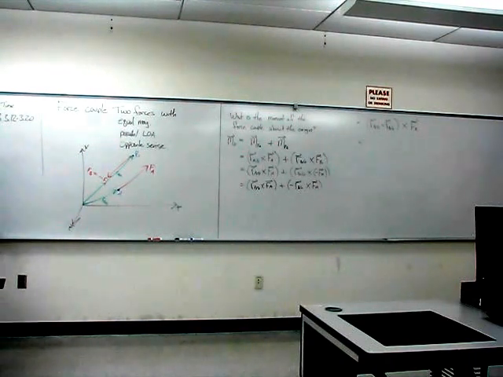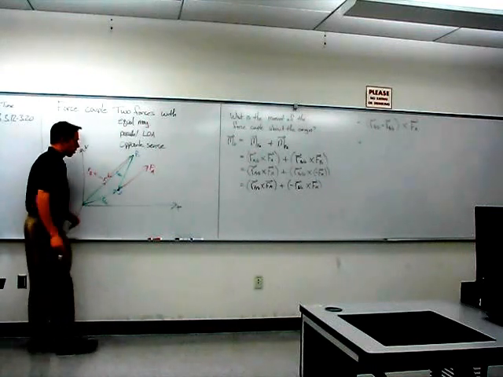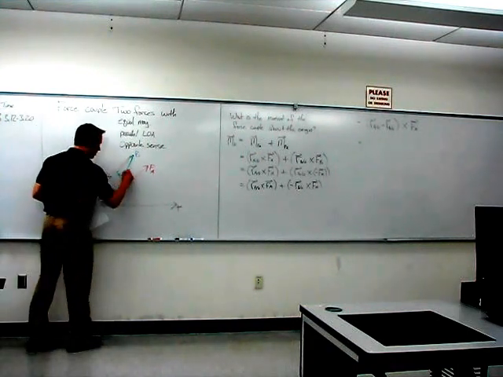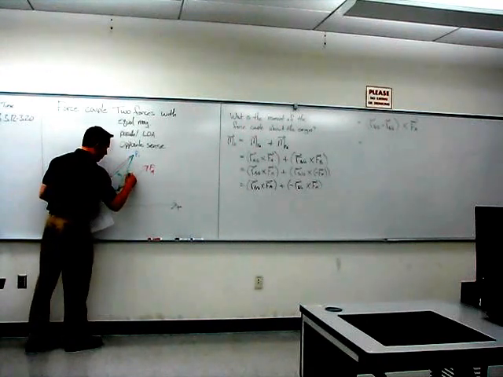We also have a vector. Let's call it like this, the position of A with respect to B. And now we see that there's a relationship between these three vectors because they form a closed triangle.